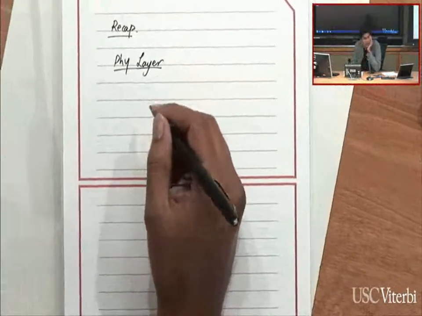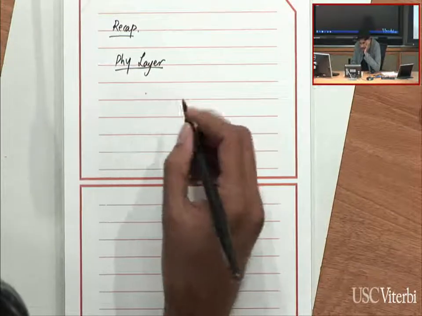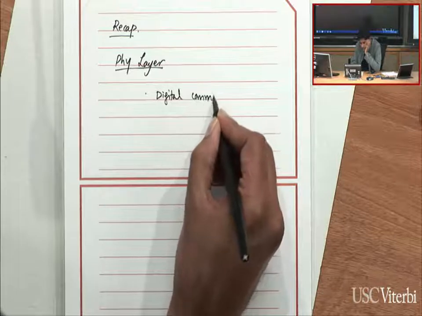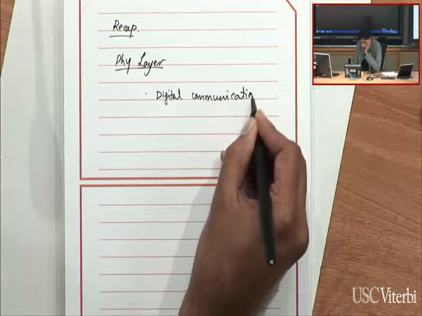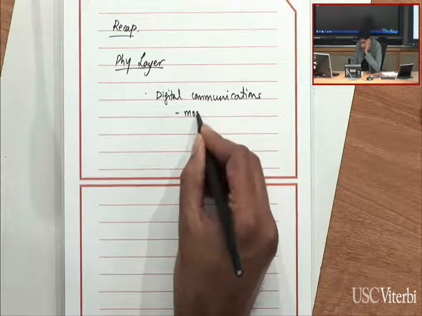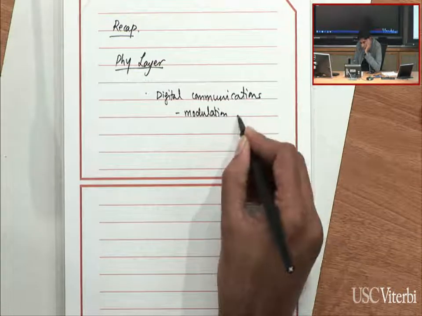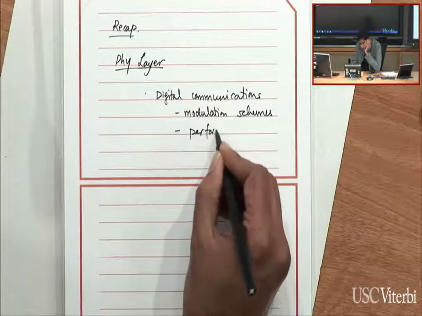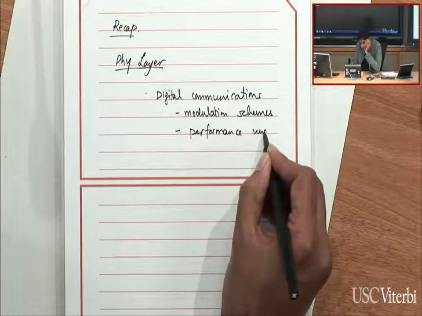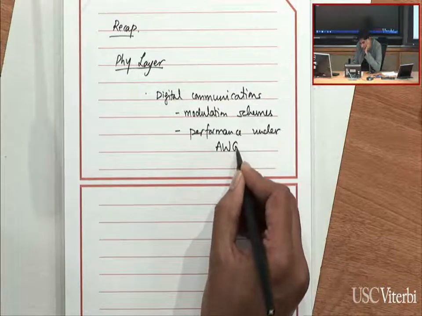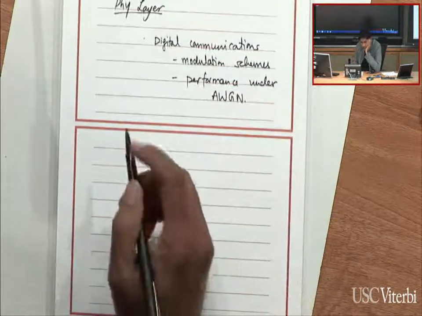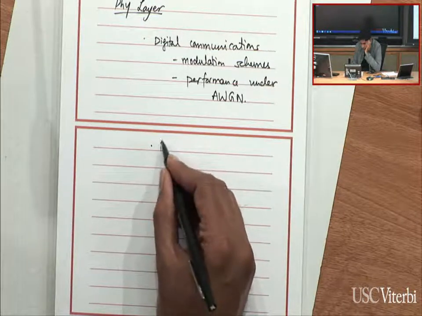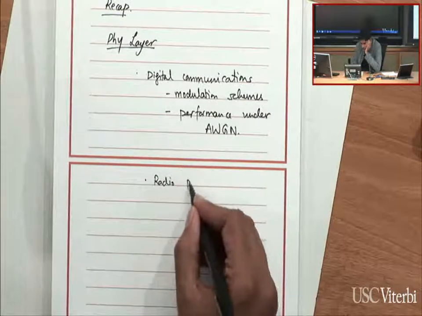Last week, on our first class, we started talking about digital communications, specifically modulation schemes and their performance under additive white Gaussian noise. And then on Monday, we started talking about radio propagation.